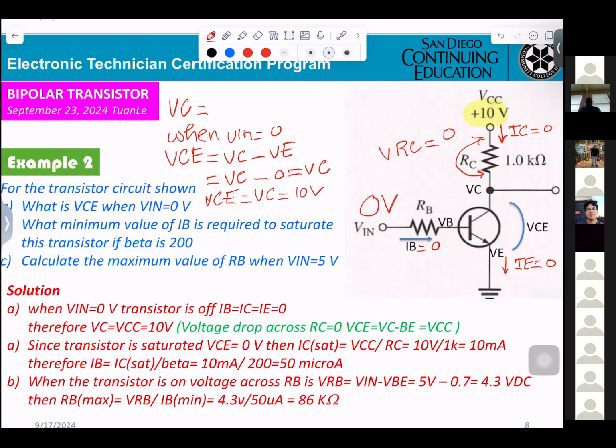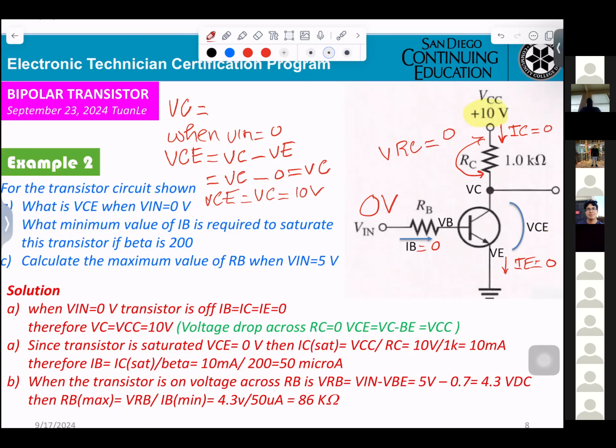The thing is, the drop across RC equals 0.